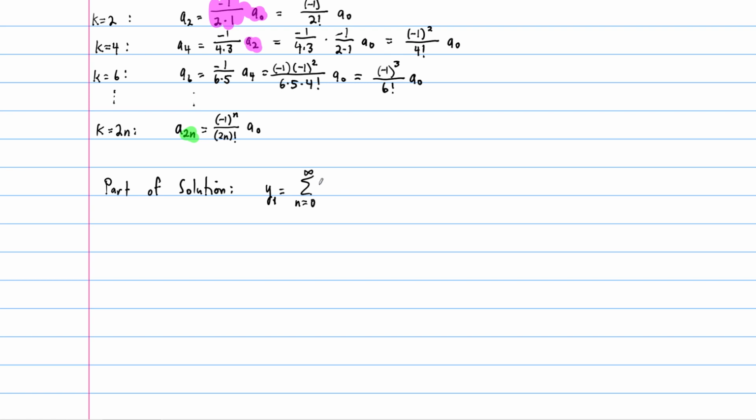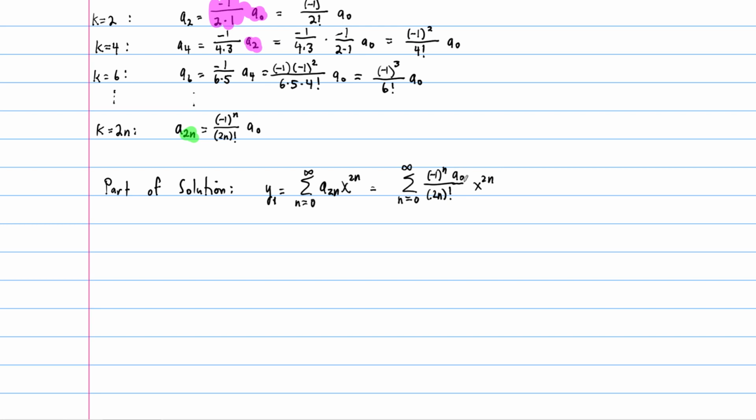But we've got our terms here. So I'm going to write it this way: a sub 2n x to the 2n. But then we know exactly what these are. So these become the sum, n from 0 to infinity, of negative 1 to the n over 2n factorial times a sub 0, all times x to the 2n.